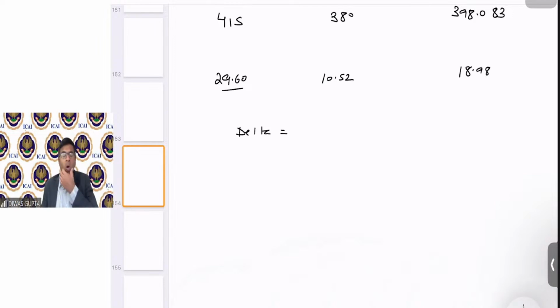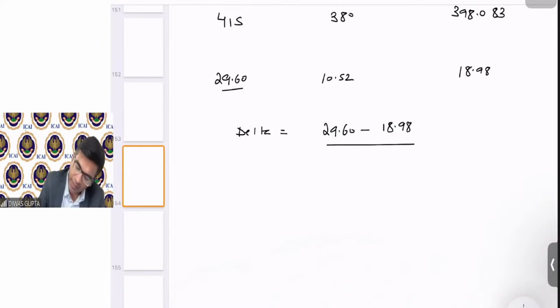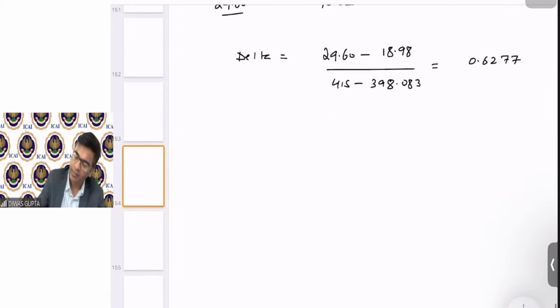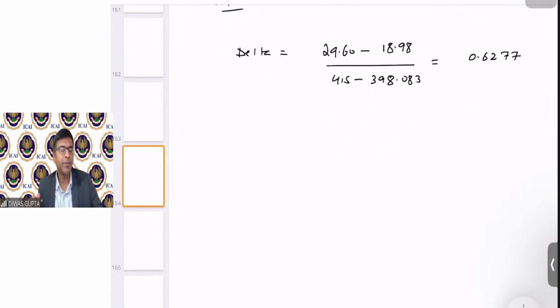Delta is equal to the change in value of the call option divided by 415 minus 398.083, which is 0.6277. I will explain what delta is, but from a mathematical standpoint, the calculation is like this.